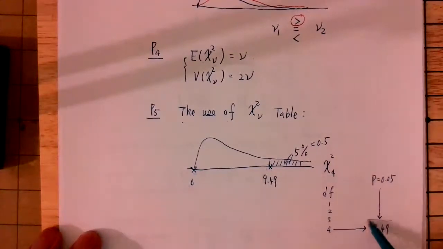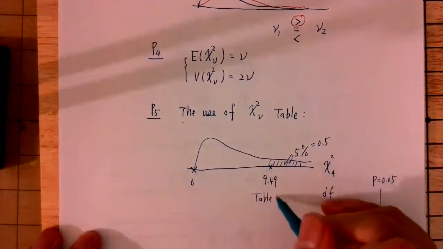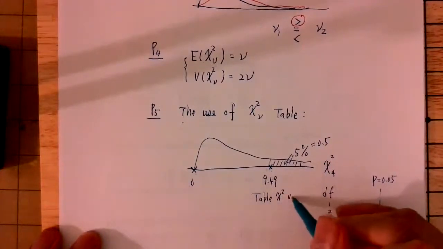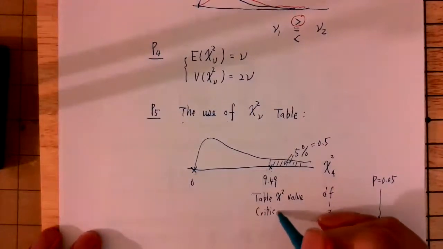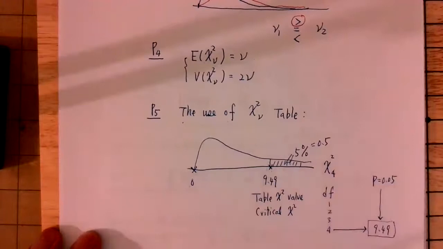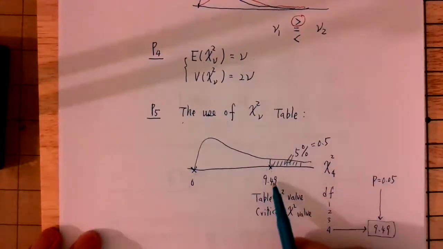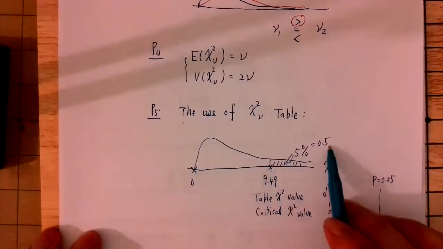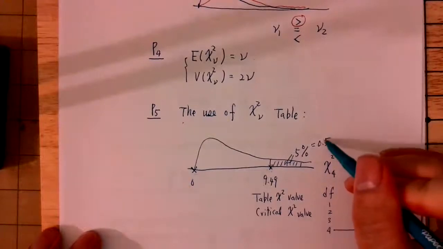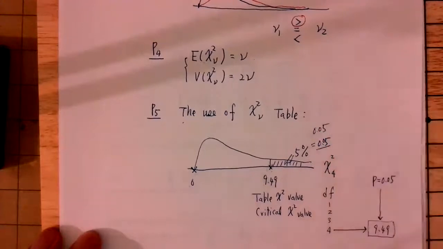That means this is the table chi-square value, or you say the critical chi-square value from the table is 9.49, and the upper tail is 5%.